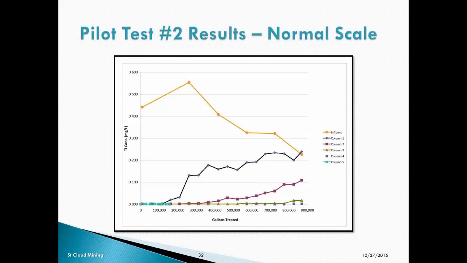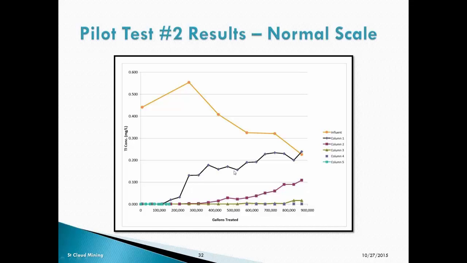Basically, here's what happened. If you look at the orange scale, and I don't know if my thing is showing you, you can see what their influent coming into the zeolite column was. And it varied with time and the amount of gallons that were going through the system. And then what would happen was there's almost no thallium coming out of the first column.